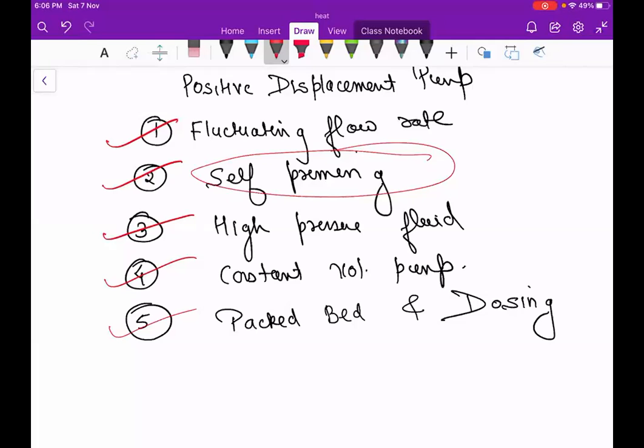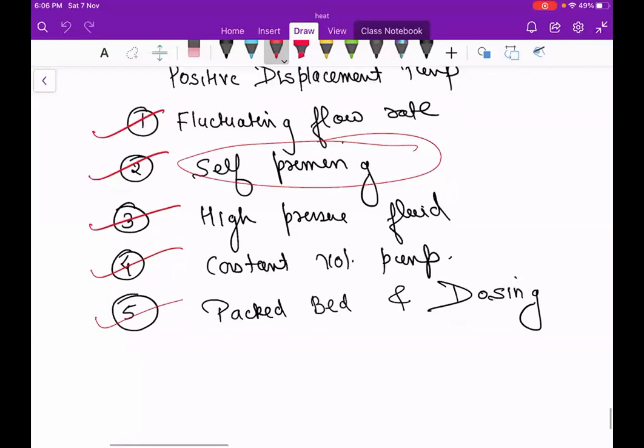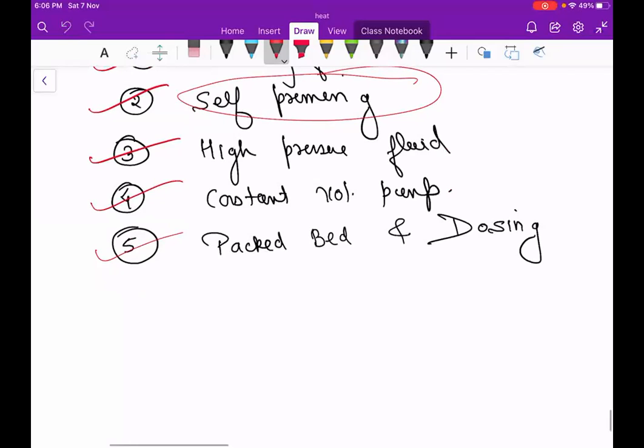We have seen how it is useful, because it creates so much pressure. And one most important thing we have seen is that Q actual is greater than Q theoretical.